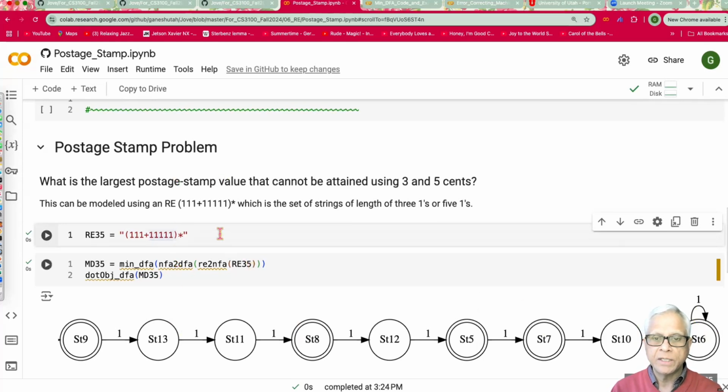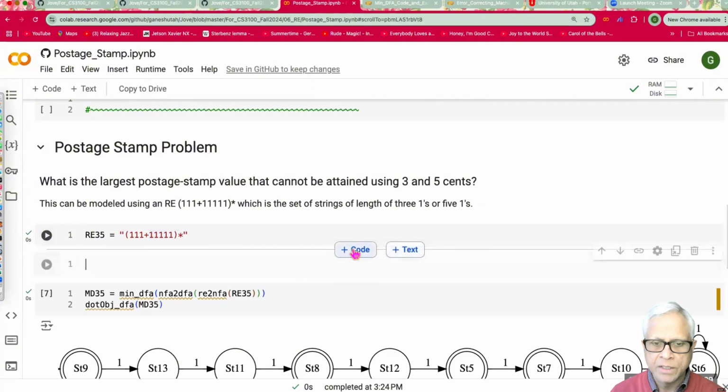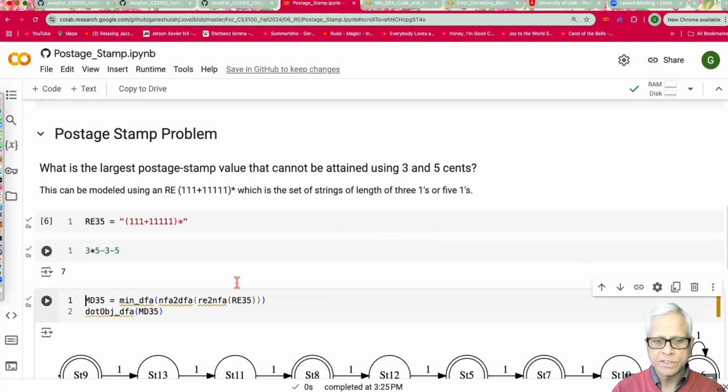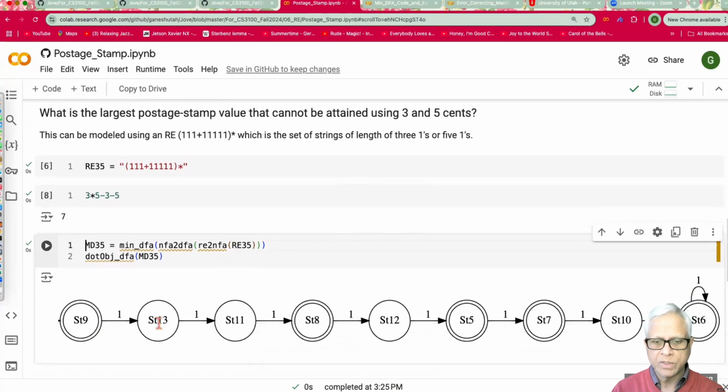And there is a formula available for calculating these, Sylvester's formula. It is 3 times 5 minus 3 minus 5, which is what Sylvester says is the largest stamp that cannot be made, which is 7. 7 cannot be made.